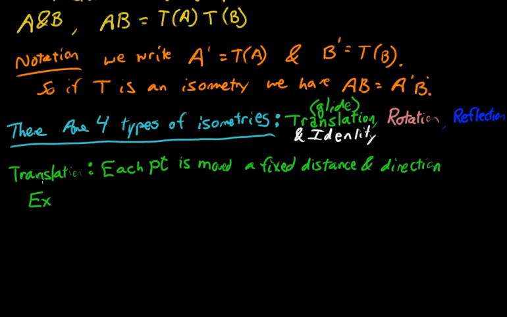So, example. Say we have some shape here. We'll move it here, and we would come up with the same exact shape, to the best of my ability to draw it, which looks a little bit thinner, but we'll pretend that's the same. So that's a translation.